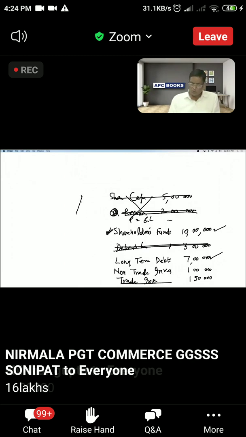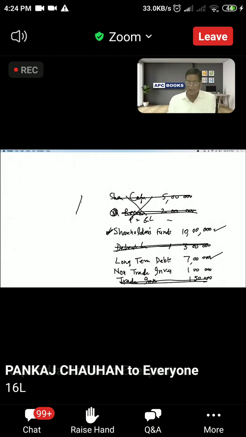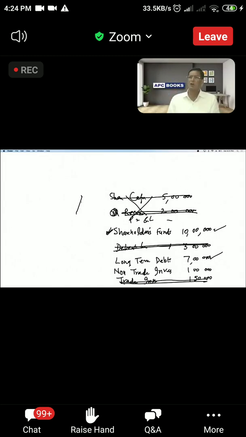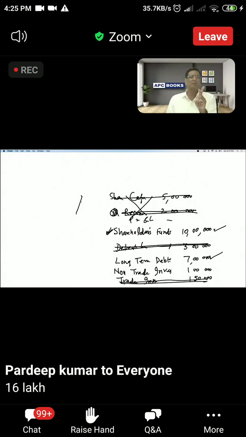There is no use of trade investments because we are not adopting the asset side approach. We are adopting liability side approach. We have to look upon the liability side only. Asset side has to be ignored except two items given on the asset side, which are to be deducted in this liability side approach. Which two items?